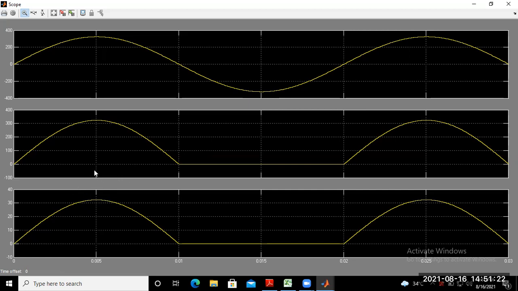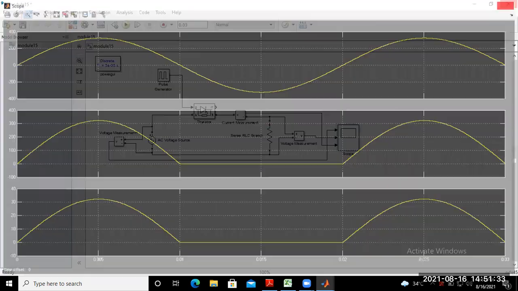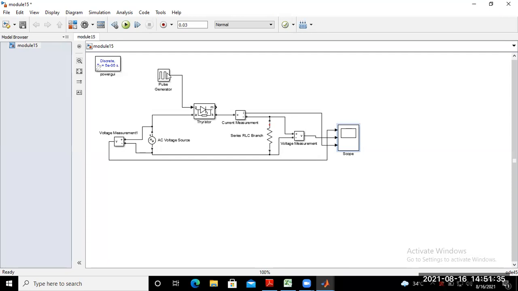If you consider phase angle delay 0, if you change the phase angle delay from 0 to another value, then we just put here the value in the pulse generator.